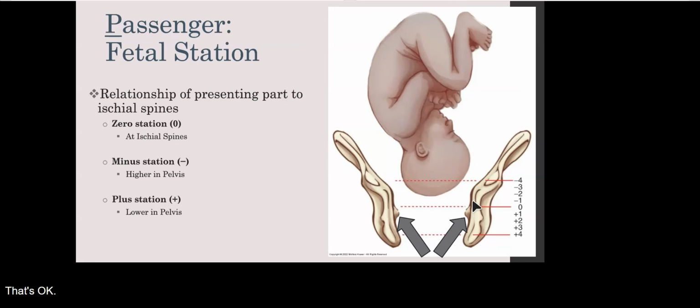Above. Too high up. Mm-hmm. Yeah. Positive. Mm-hmm. Below the spines, and we're getting closer to birth. Correct? Mm-hmm.